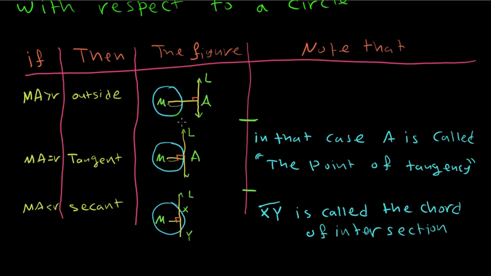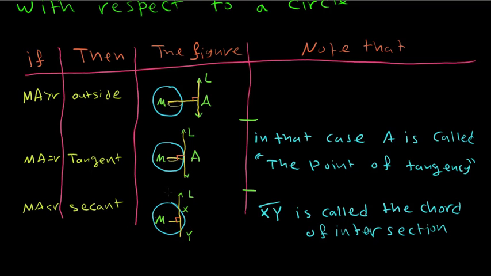You can note that the straight line L touches the circle just in one point. But in the third case, the straight line L will touch the circle in two points and will divide the circle into two parts.